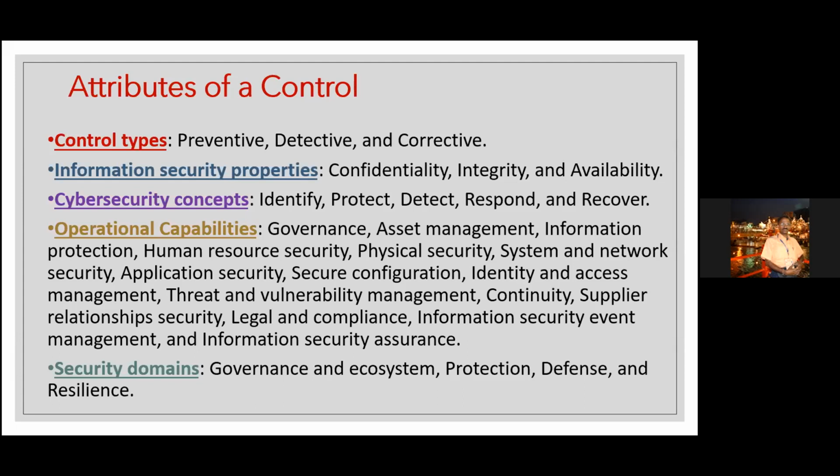Then operational capabilities of this particular control in the area of governance, asset management, physical security, secure configuration, identity management, threat and vulnerability management. There are various things when we go to each control; for some of the new controls, we'll be able to see how these capabilities have been mapped. Finally, the security domain is governance and ecosystem, protection, defense, or resilience.